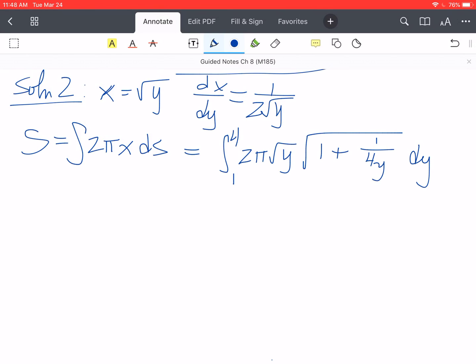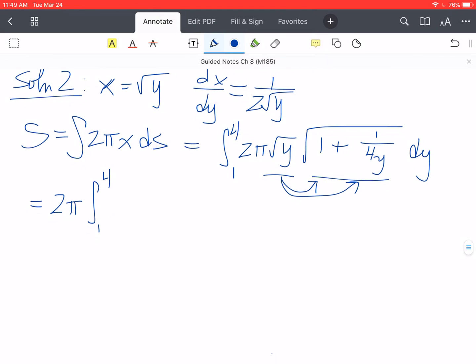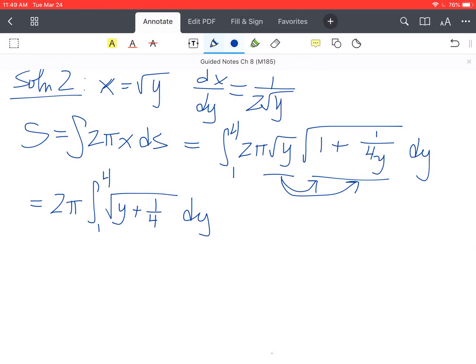Alright, so now we need to play around with this a little bit so that we can integrate. So let me get the 2 pi out of there. Integral 1 to 4. I'm going to go ahead and multiply the square root of y into this square root. Okay, so I can bring it in because they're both square roots, and then I'm going to distribute it. So this is going to be the square root of y plus 1/4 dy.